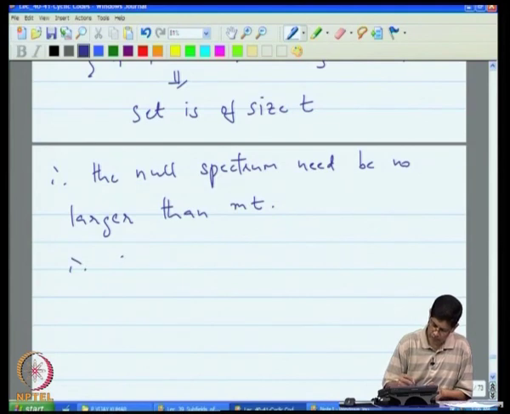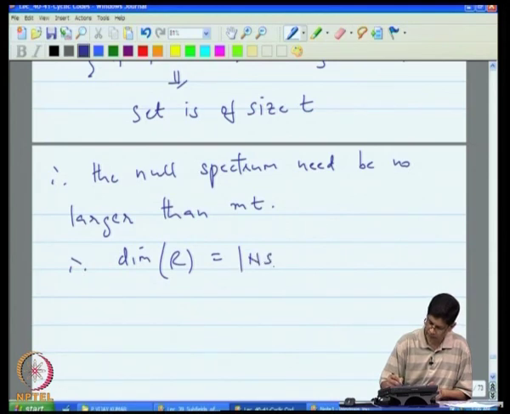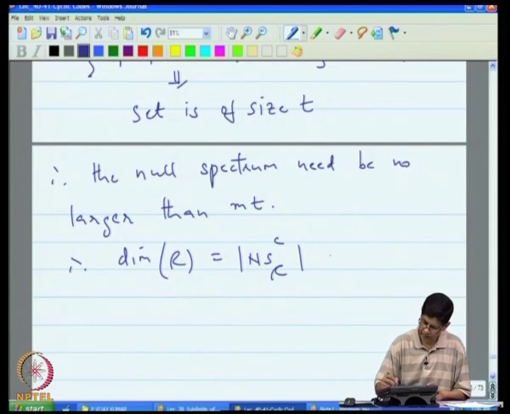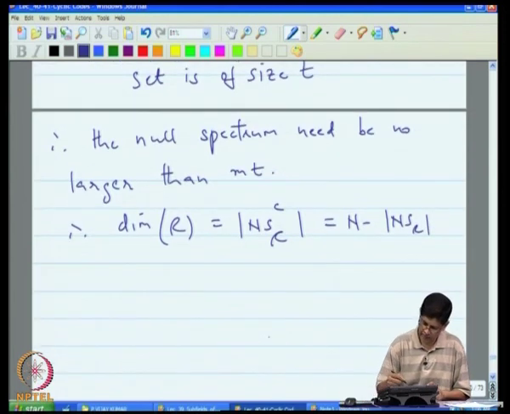Therefore, the dimension of the code, which is the size of the complement of the null spectrum, is greater than or equal to 2 to the m minus 1 minus m times t.